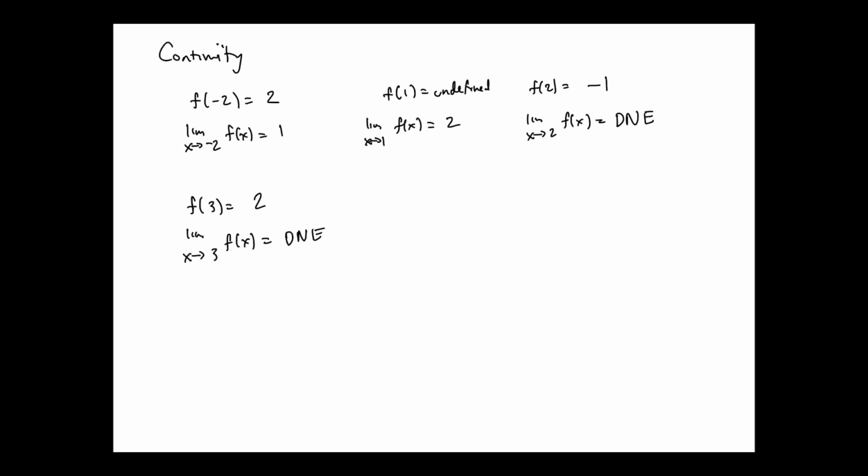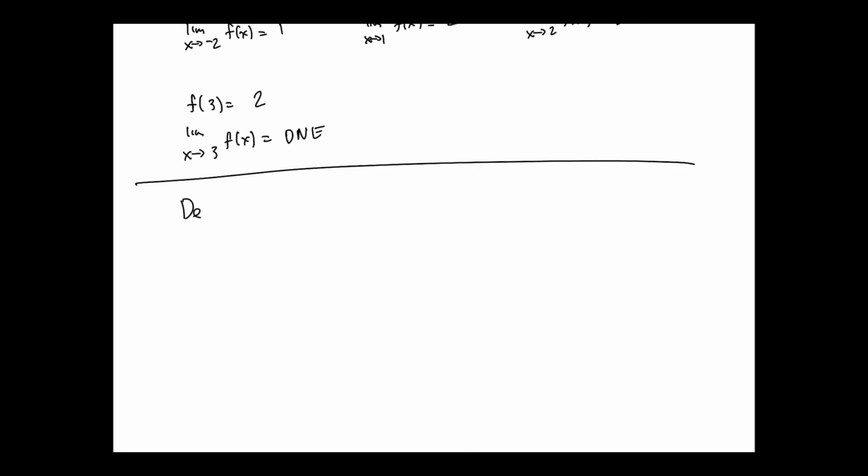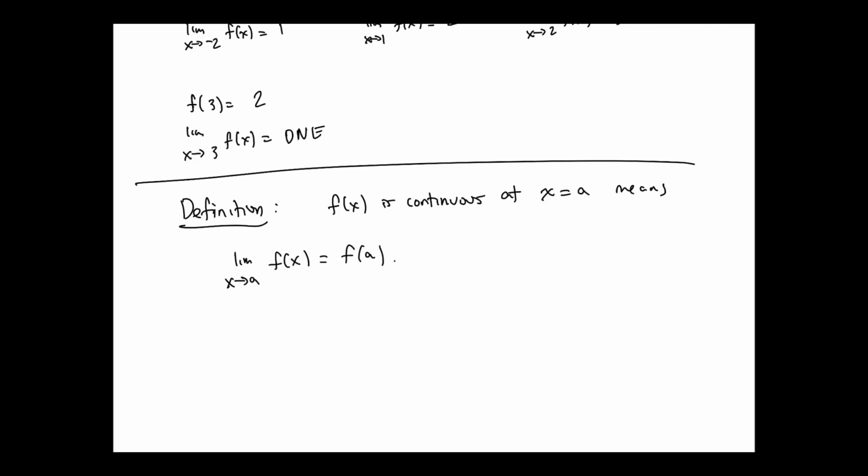Okay, so if that's badly behaved, what do you think well behaved is going to mean? When they are the same, and that's our definition of continuity. Okay, so we say that f of x is continuous at x equals a means that the limit as x goes to a of f of x equals f of a.